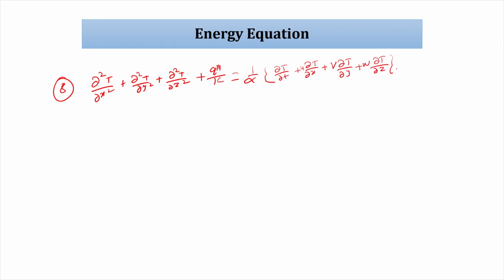Okay. We can write like this. Let us assume q triple dash is 0, no heat generation.